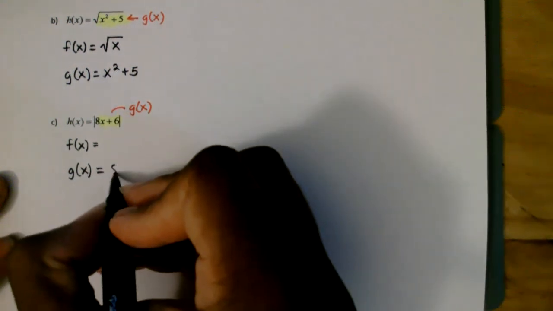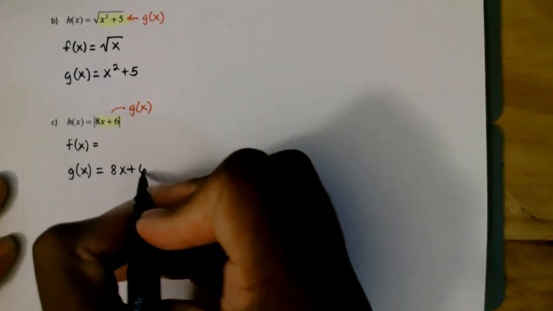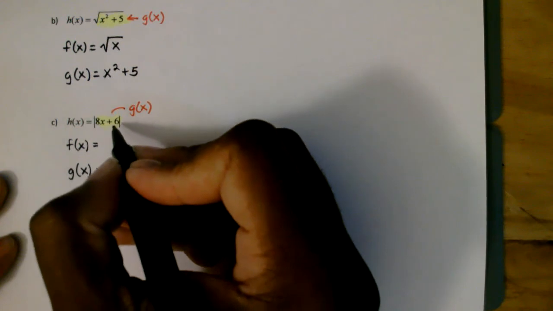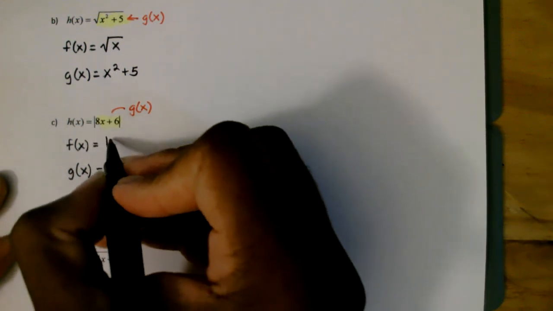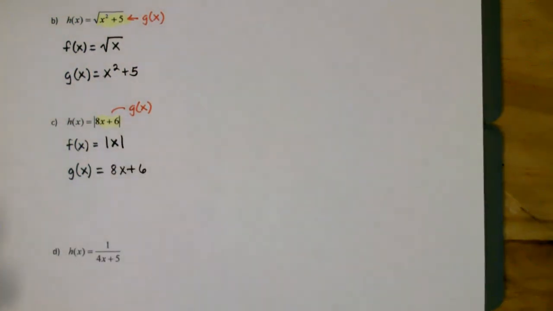So 8x plus 6 is what g of x is. And since the 8x plus 6 was put in place of x in the f of x function, f of x had to start off as the absolute value of x.